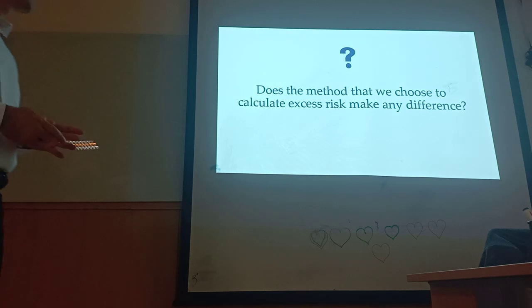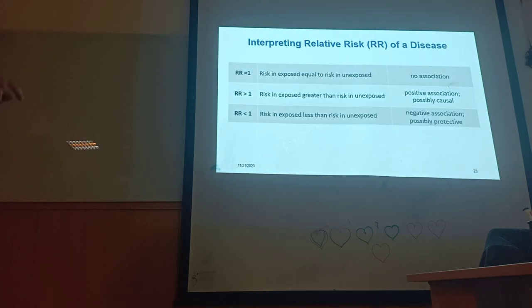So how can we interpret relative risk? If relative risk is equal to 1, it means there is no difference between risk in the exposed group and the unexposed group, which means there is no association between exposure and outcome.